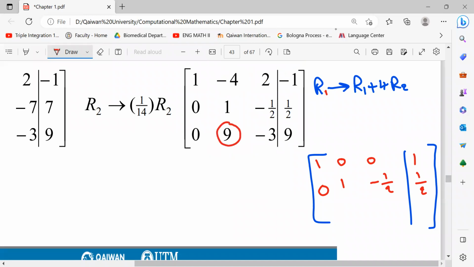How to change this to 0 from this one? We say row 3 is row 3, then what should I multiply to this and adding to this to get 0? Minus 9 of what? Row 2.